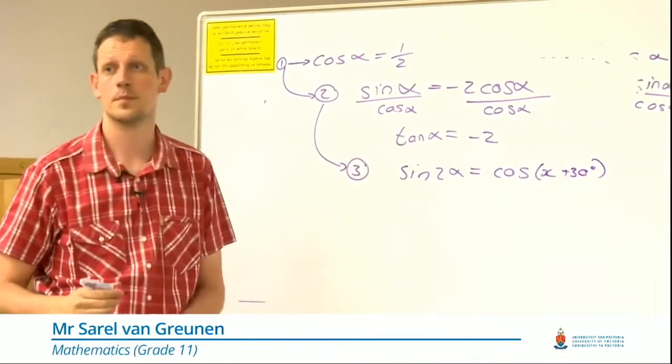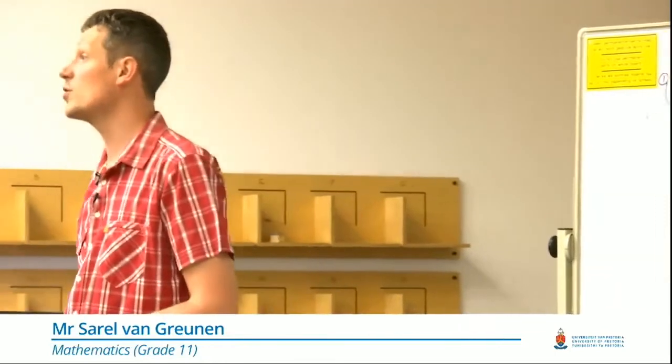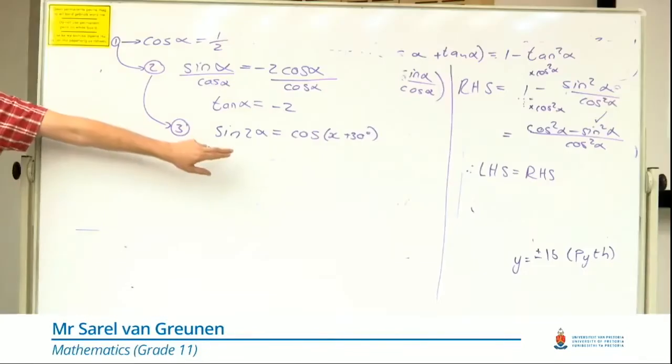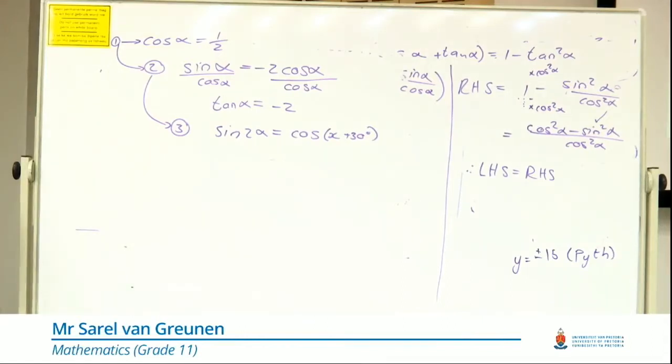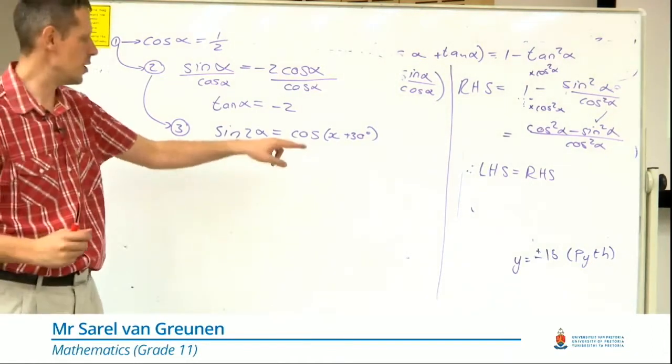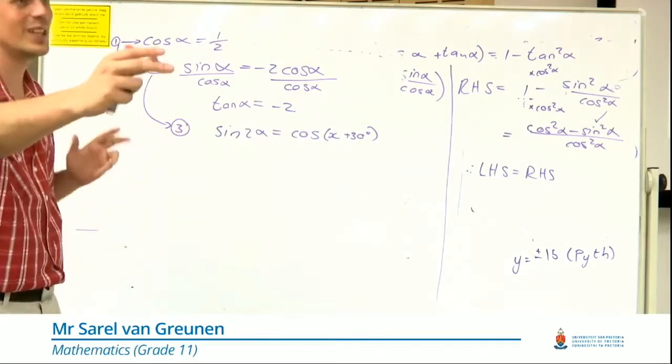Now, why do I say that they're going to try and catch you out in grade 12? Because in grade 12, you learn an identity for sine 2 alpha to make it larger. You learn an identity for cos of x plus 30 to make it larger.